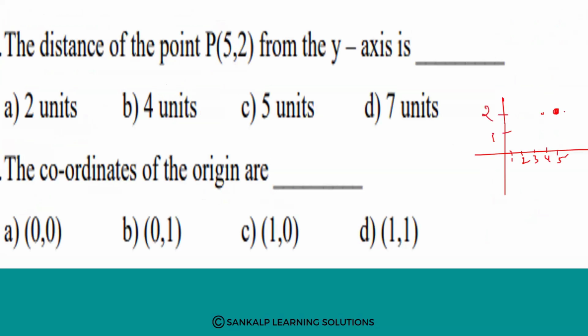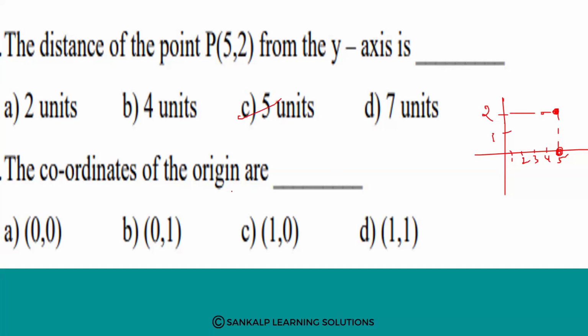Okay. Yes. Distance from y-axis. Distance from y-axis means you are going to take this value, right? So distance from y-axis, this length you get, right? So this value is 5. Therefore, distance of the point from y-axis is 5. Right?